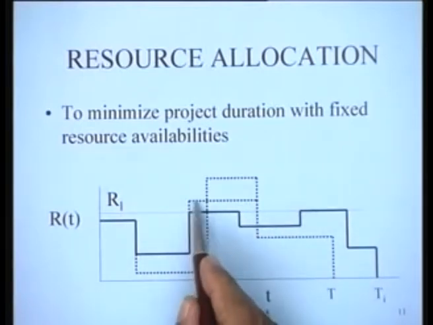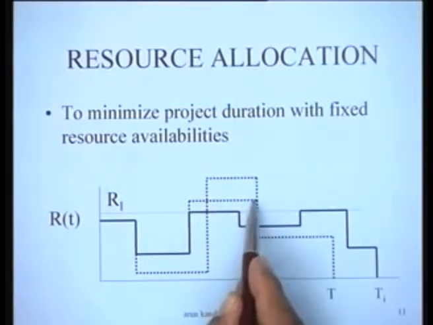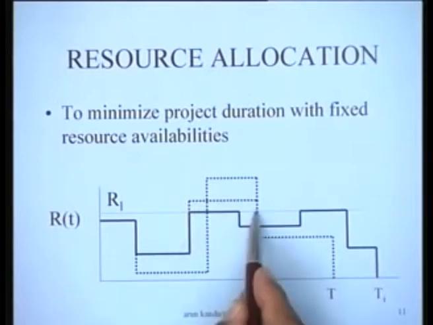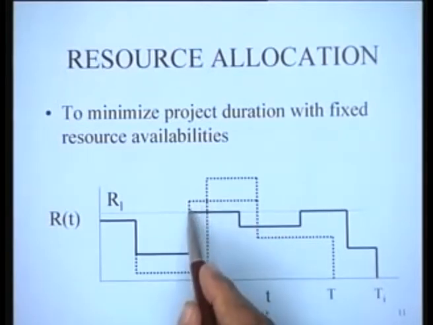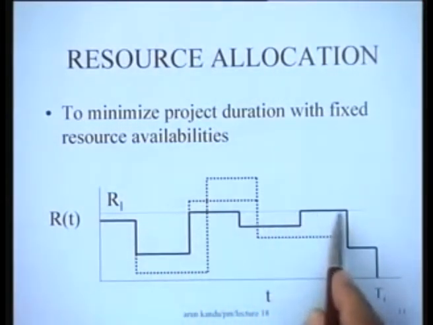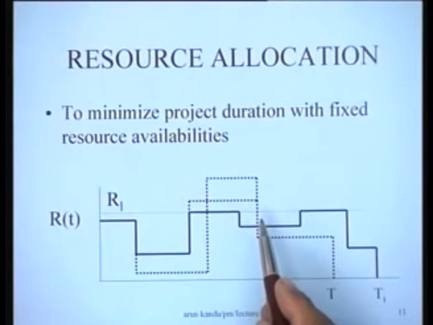So even the best leveled resource, which was having a peak somewhere during this period, could not be implemented because during this particular period from here to here, the resource requirements were exceeding the resource availability. So if our resource availability is so much, what do we do if we want to implement this particular schedule?